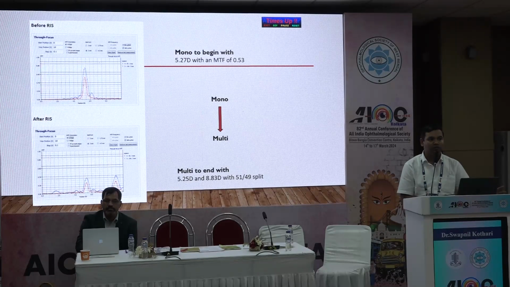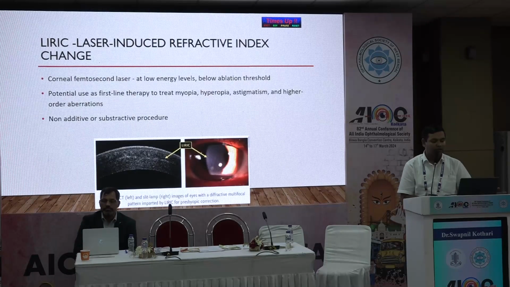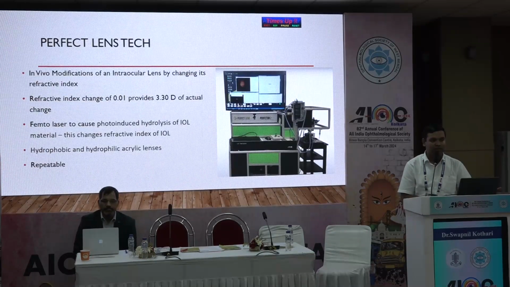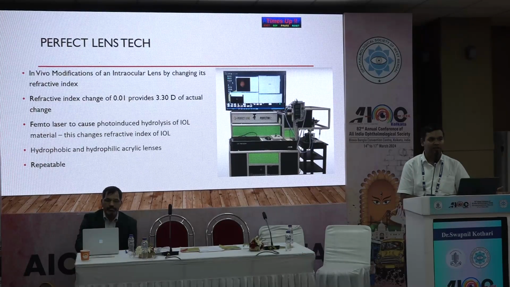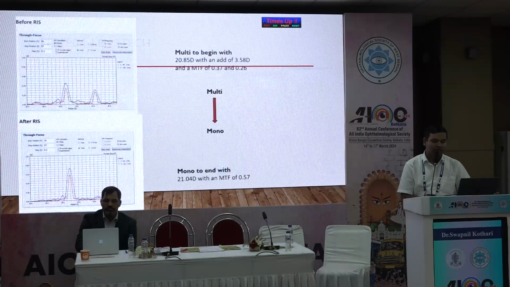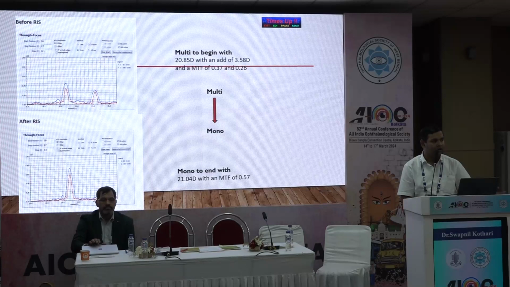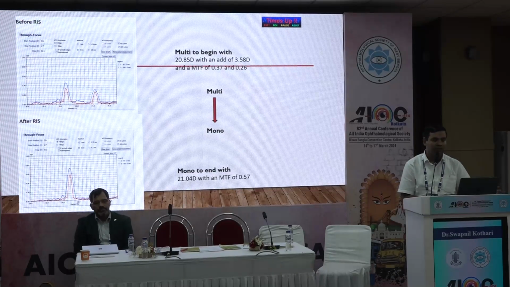So a little more than what we are used to for near, but still you start with the monofocal and end with the multifocal, and the possibility of repeating this also. So this system, I think, is the most exciting to any person who's having access to a femto laser kind of machine. The cost and other things are not really available right now, but it is under development.